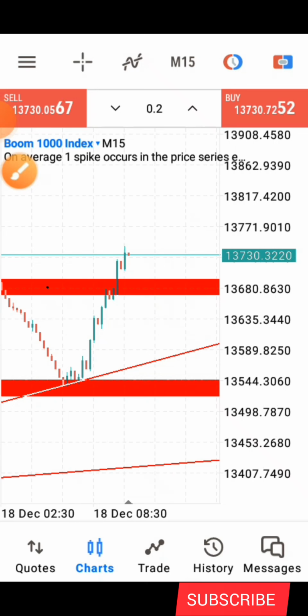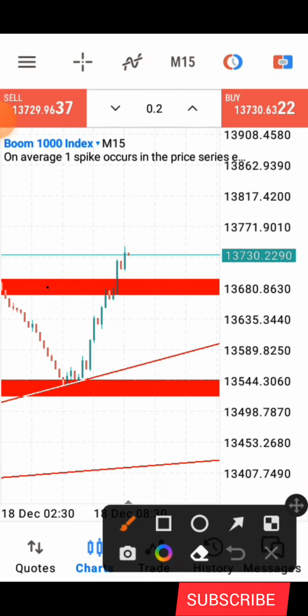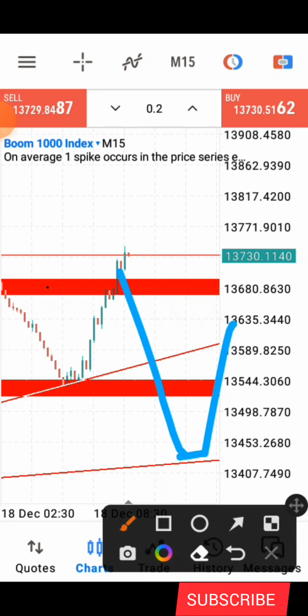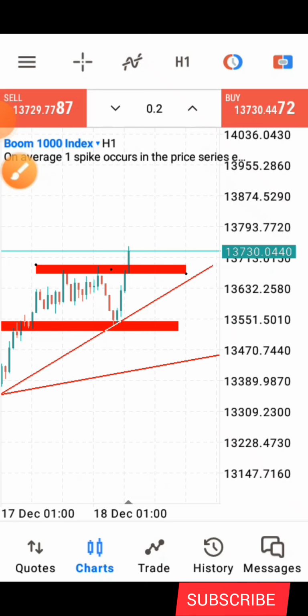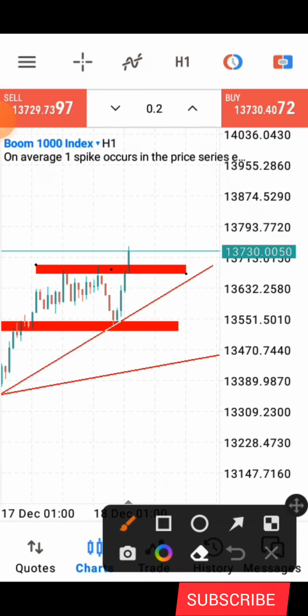But if it doesn't, all right, I will just wait and see. If it doesn't find any support there, then there's every probability that it will find support here and continue to the upside, right? But if it doesn't find any support there, then that is when I will know that this trend has finally changed, right?